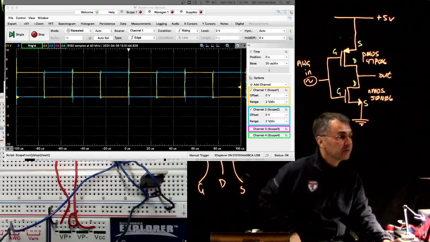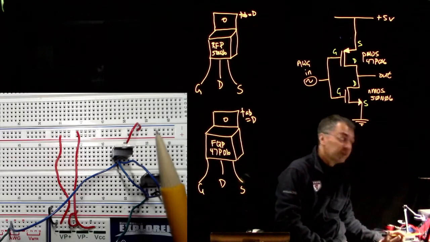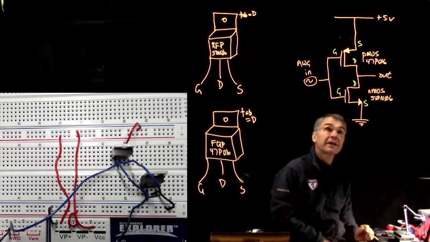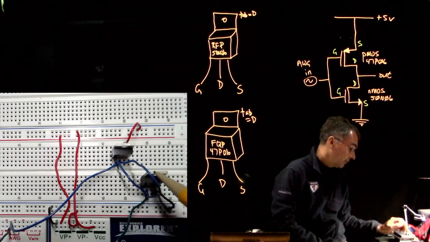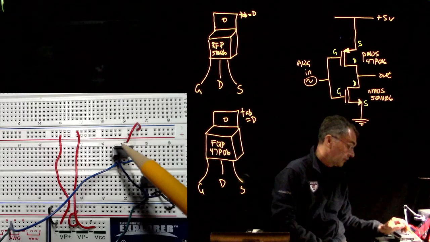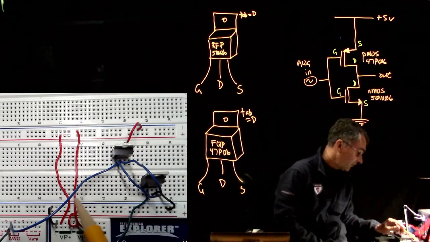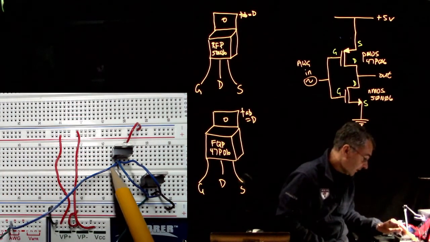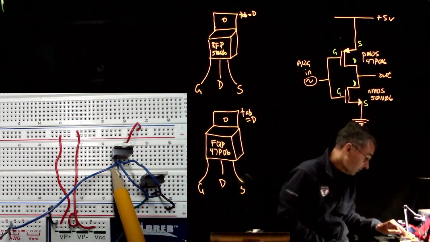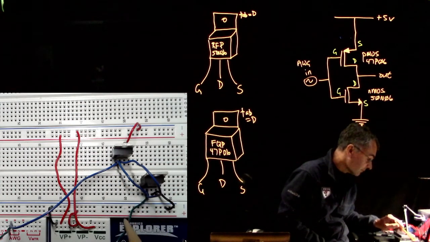Okay, now let me show you how I wired this up. I decided to try to make it look somewhat like the schematic, so I put the PMOSFET kind of up, and I put the NMOSFET down. So here is gate, drain, source. Both gates go, so this is AWG channel 1. It goes directly to the PMOSFET's gate, and then there's this little blue wire going over to the NMOSFET's gate.